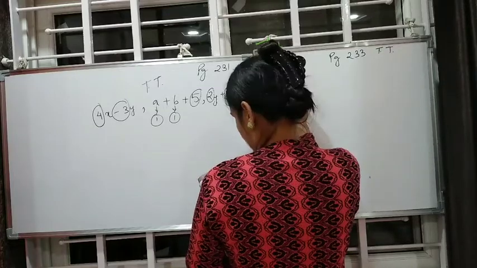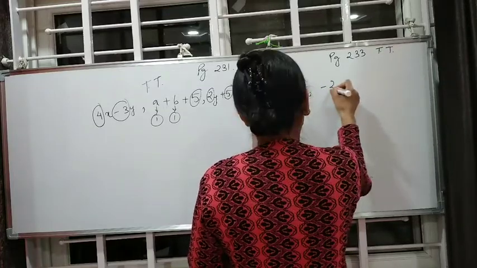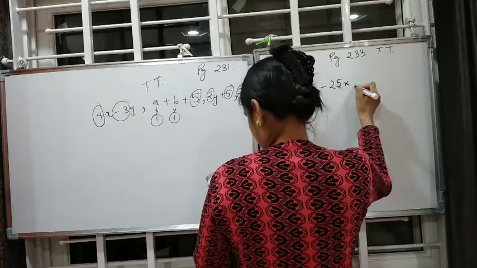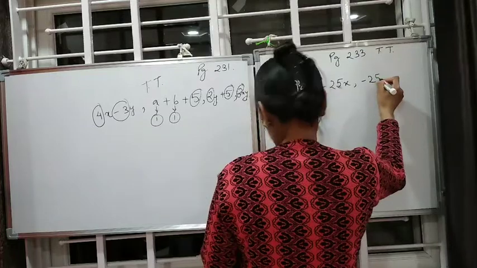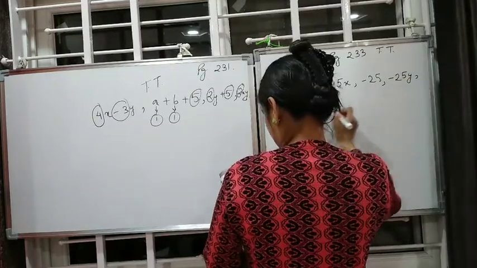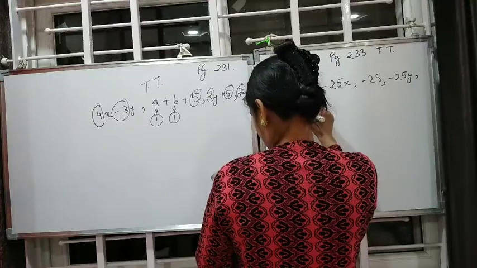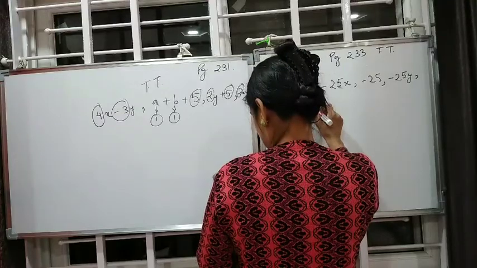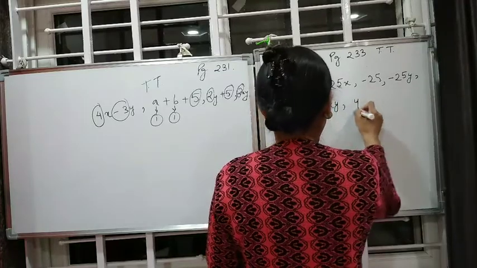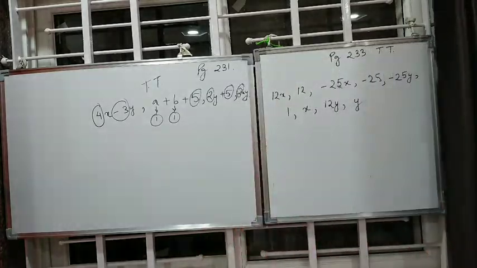So 12x, minus 25x, minus 25y, 1x, 12y and y.